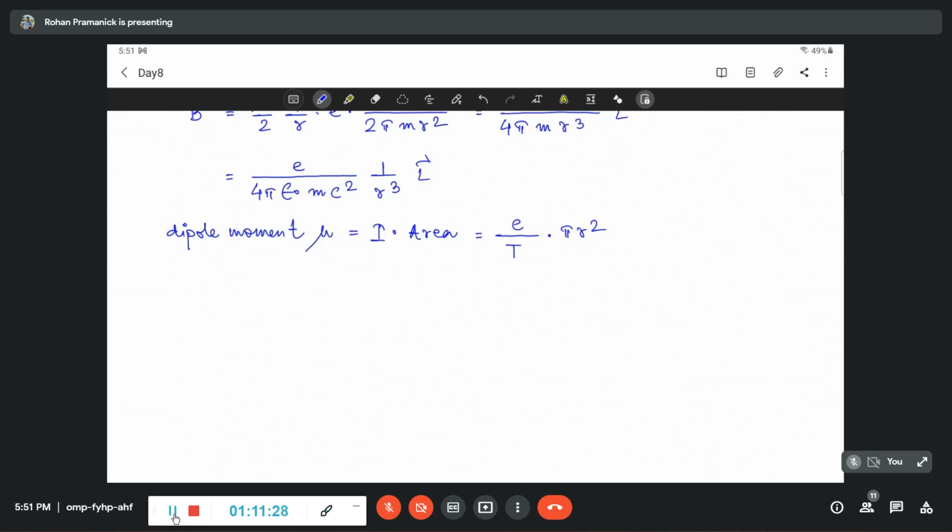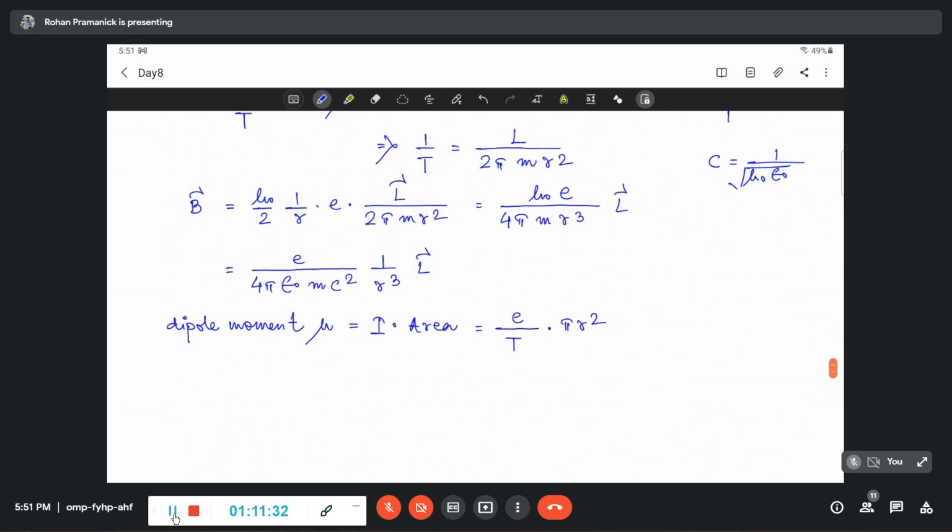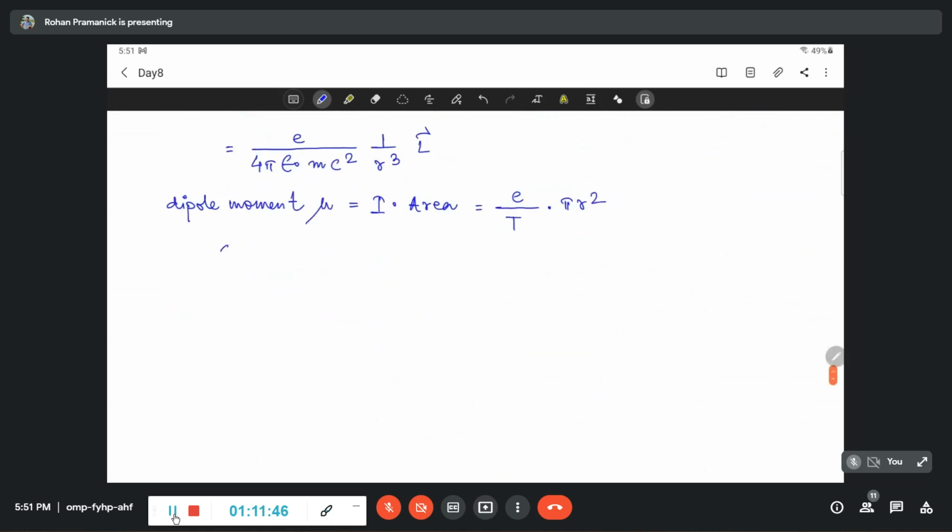To include spin, you have to do relativistic quantum mechanics, which is some other equation different from the Schrodinger equation, but we will treat this S as some kind of L. So for S, we can write the same thing. It is not strictly true, but we will write it for the sake of this calculation.